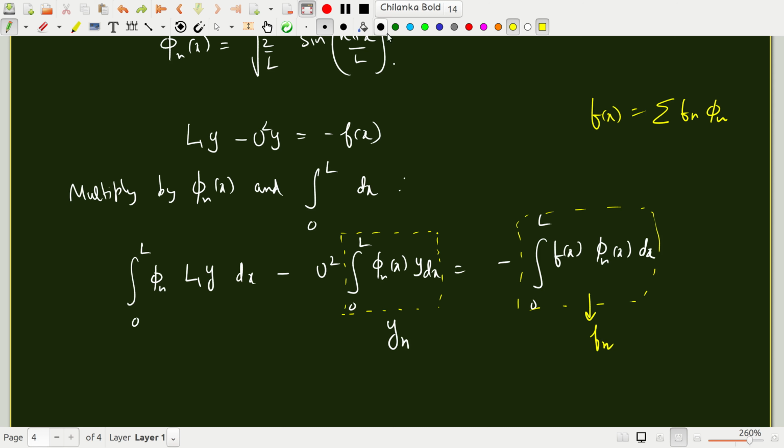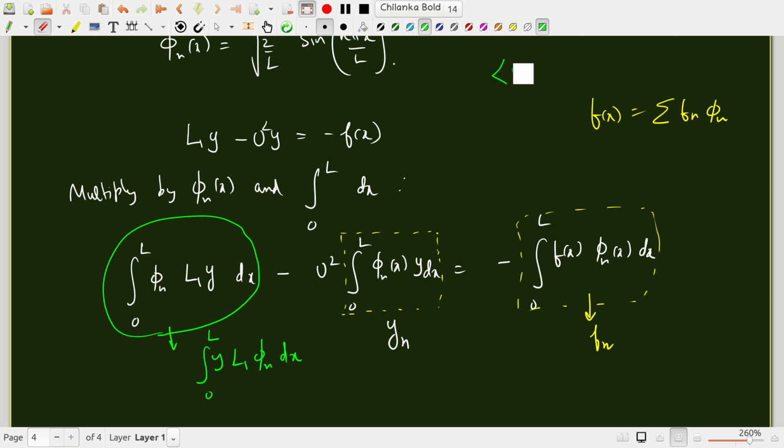Before I rewrite this equation, this operator is self-adjoint. That means that this term is the same as integral 0 to L y L1 of phi n dx. This is the meaning of a self-adjoint operator, meaning L u comma v is equal to u comma L v.